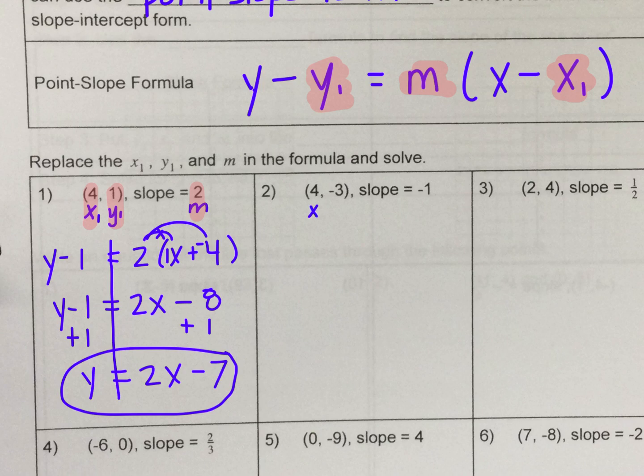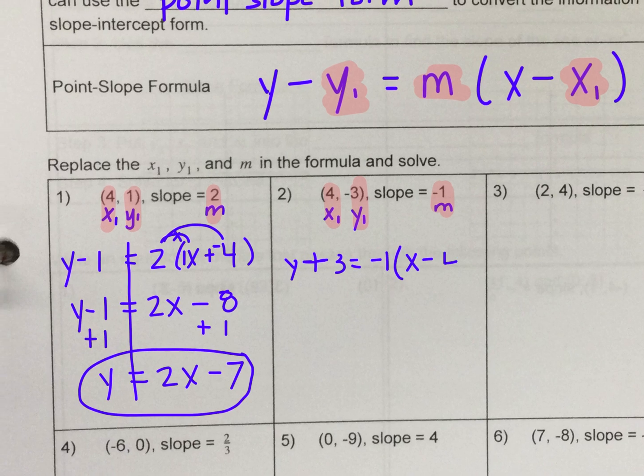Step 1, I label x1, y1, and m. Now I'm going to write my problem. y minus, instead of y1, I use that negative 3. So when you have a minus and a negative right by each other, we can change that into a plus. 2 negatives make a positive. All right. m comes next in the formula. That'd be a negative 1. I got that from right here. Parenthesis x minus, and my x1 is a 4.